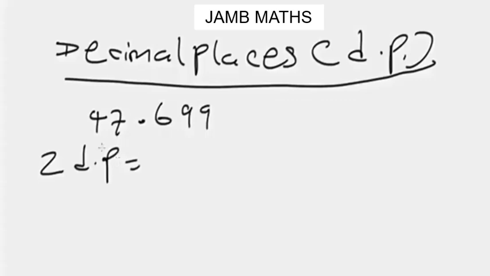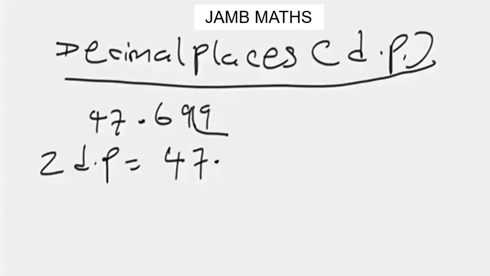So for this problem, to round it off to 2 decimal places, it's going to be 47 point. Now this 6 is the first decimal number, this 9 is the second. That means we are going to stop here, and the 9 after this 9 is up to 5. You approximate it as 1.